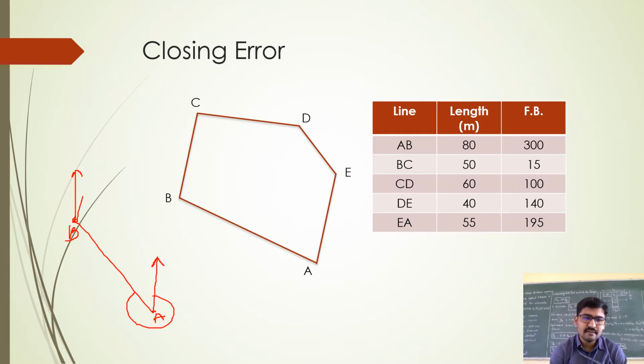It will be like this, measured in the clockwise direction. And the length of BC is 50 meters, so the length here has to be 5 centimeters. As you have drawn 8 centimeters for the AB line, you are going to draw 5 centimeters for the next one, right? Now moving ahead in the same way, you will complete the whole traverse, isn't it?